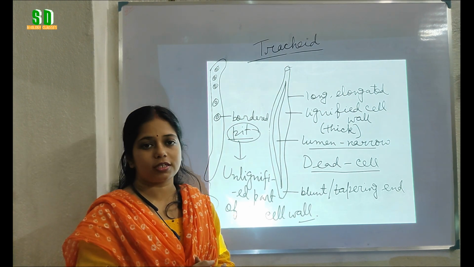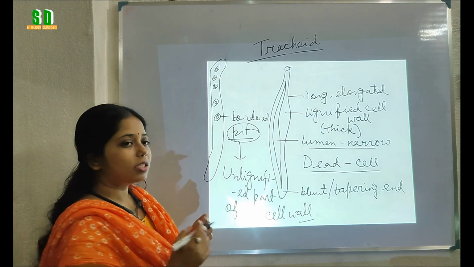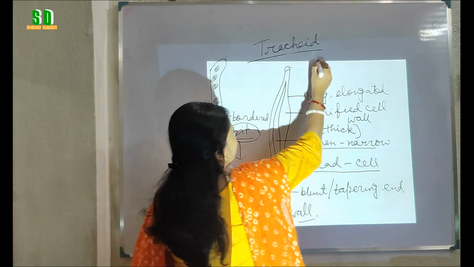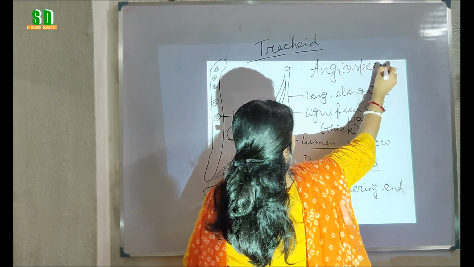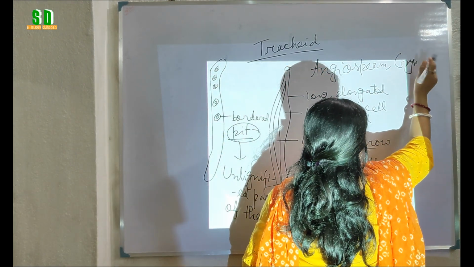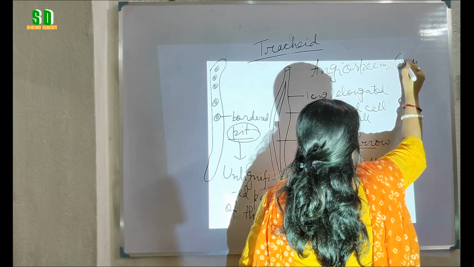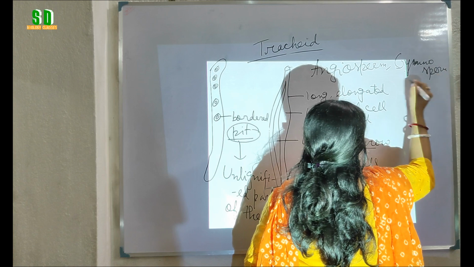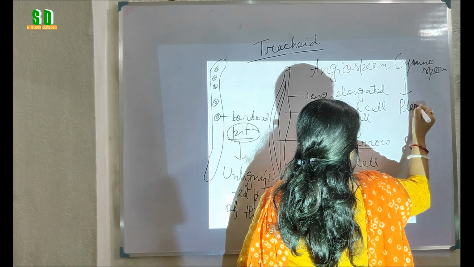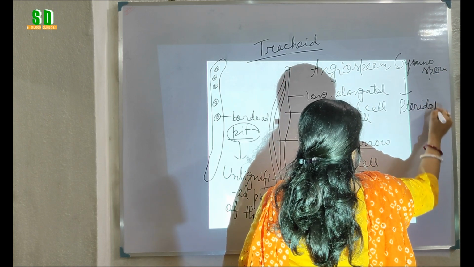Now where can we see the tracheids? Tracheid is present in the xylem tissue of angiosperm, gymnosperm, and also in the xylem tissue of the pteridophyta.